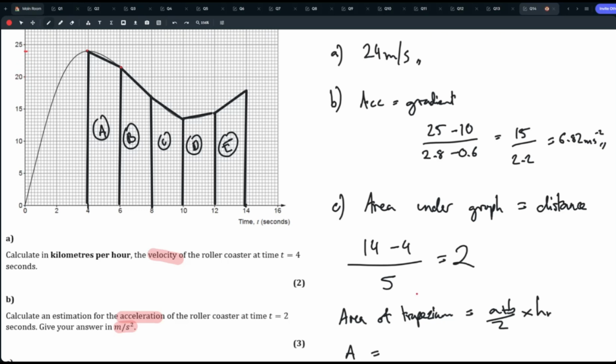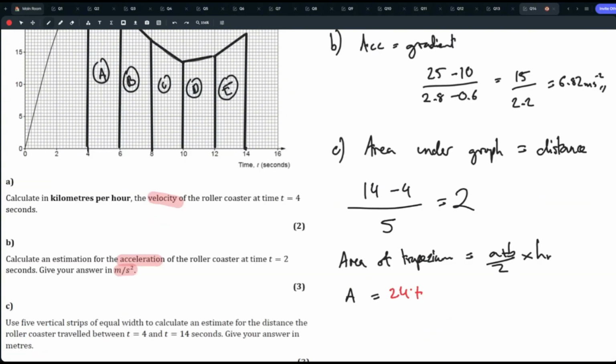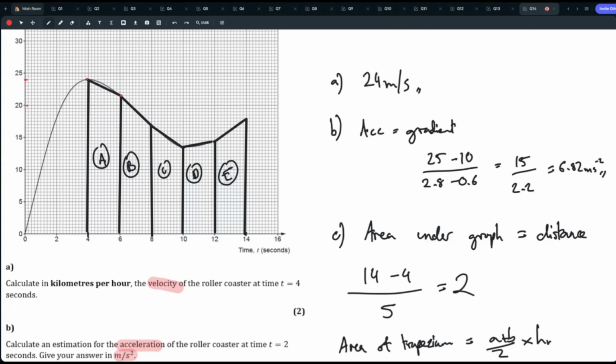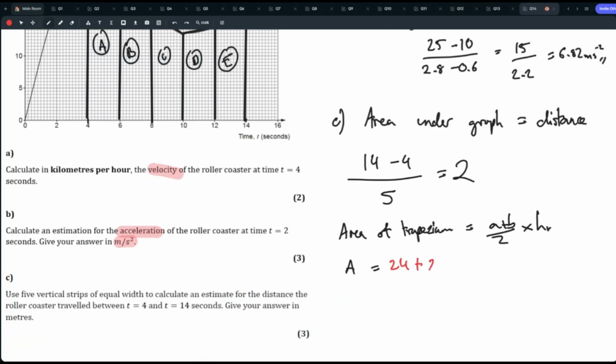So this length is 24, plus that length, 21.5. Now divide this by 2, then times by the vertical height. The vertical height is that part there, which is 2. And if I do that, I get 45.5.